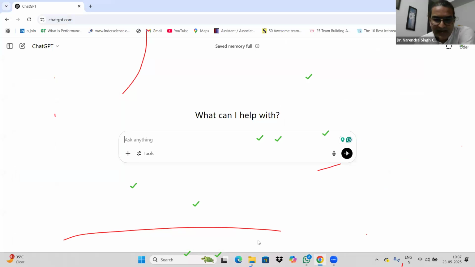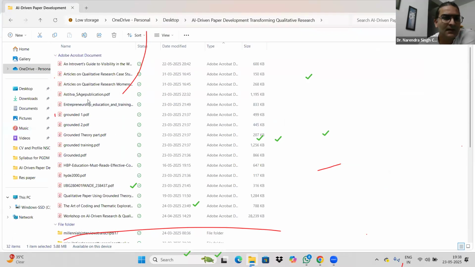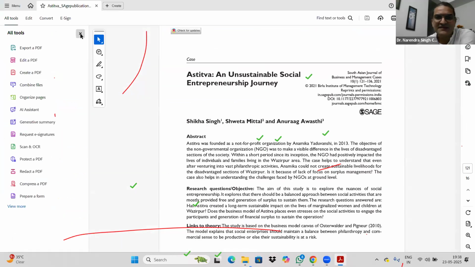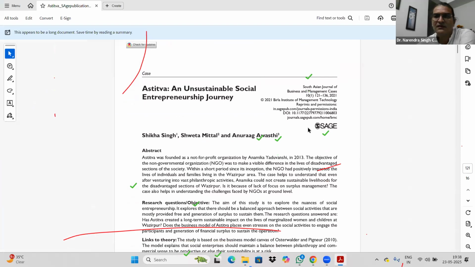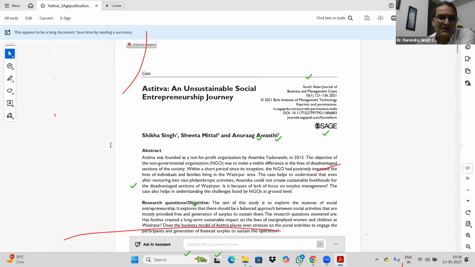So let me just take my paper first now. Let me start with the case study first. Okay, I hope my screen is visible to everyone. Organizers, can you please remove these ticks and the scribbling which has been done?